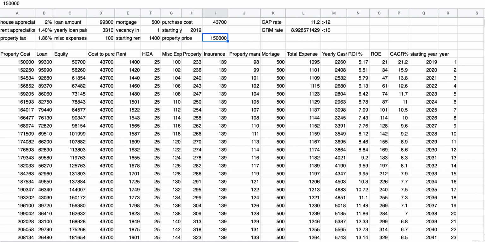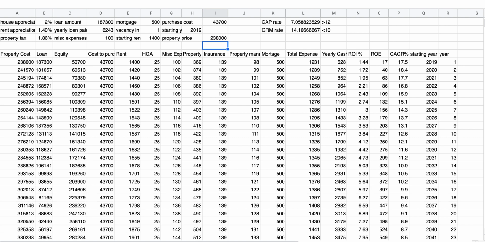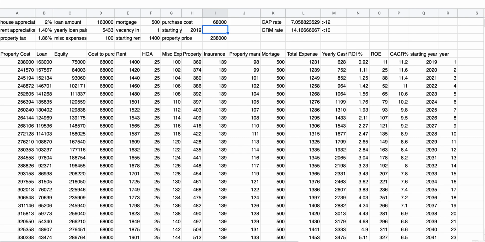Now the property price became $238,000 when you tried to buy it. And let's say you have to pay in $68,000. Then you expect 1 month of vacancy and $900 in mortgage because the mortgage increased. And you expect the rent to also increase, to something like $1,650.